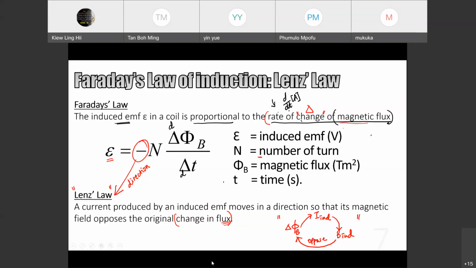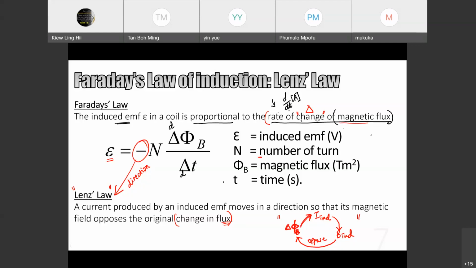Okay, so I shall explain again. Lenz's law tells about the direction. From Faraday's law, we know that there will be an induced current when there is a change in magnetic flux. So the change in magnetic flux here will at first induce a current.